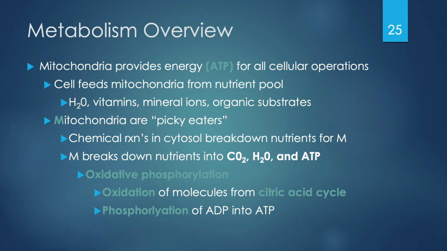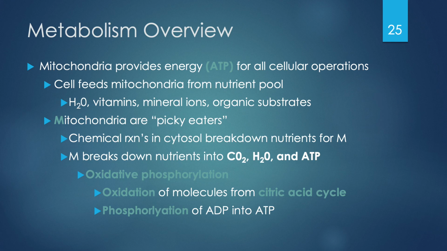So I'm sure that you all remember that mitochondria are the powerhouse of the cell, right? They provide energy in the form of ATP, or adenosine triphosphate, for all of our cellular operations. Now, the way that they do that is kind of interesting because the mitochondria are what you might call picky eaters. They won't just take up anything from the intracellular fluid called the cytosol.